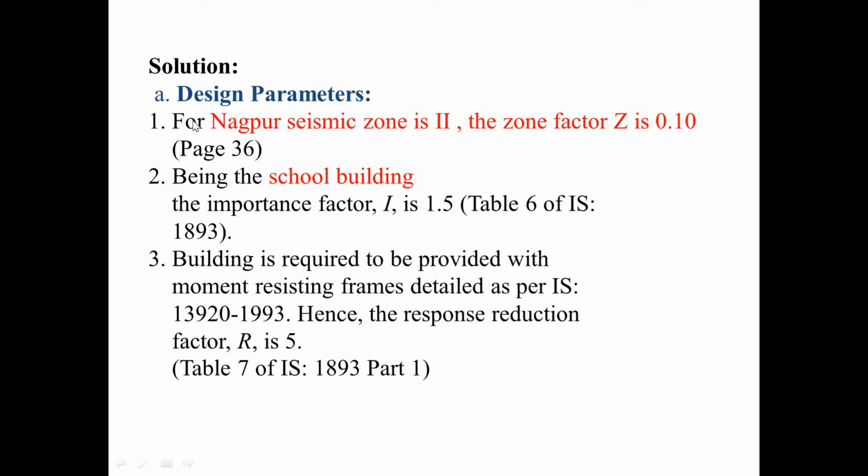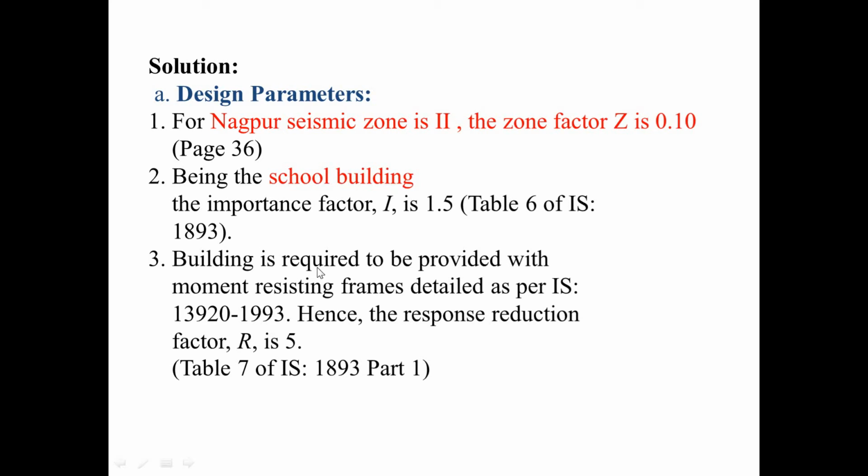Then, being a school building, the importance factor I will be considered as 1.5. It is also available in table number 6 of IS 1893.